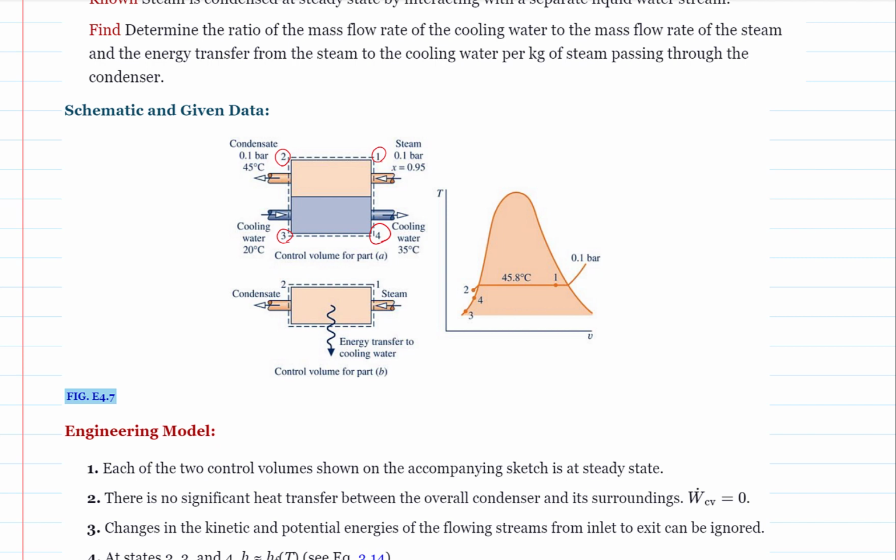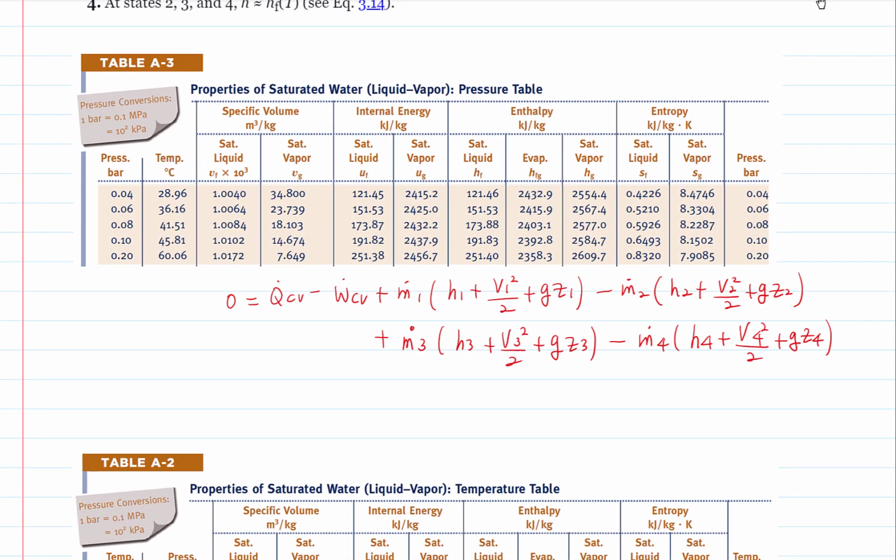The mass flow rate at location 1 is M1 dot. This is M2 dot, M3 dot, M4 dot. According to mass conservation, M1 dot equals M2 dot, and M3 dot equals M4 dot. We are going to apply the energy balance on the condenser. There is no heat transfer between the condenser and the surroundings, so Q dot drops out.